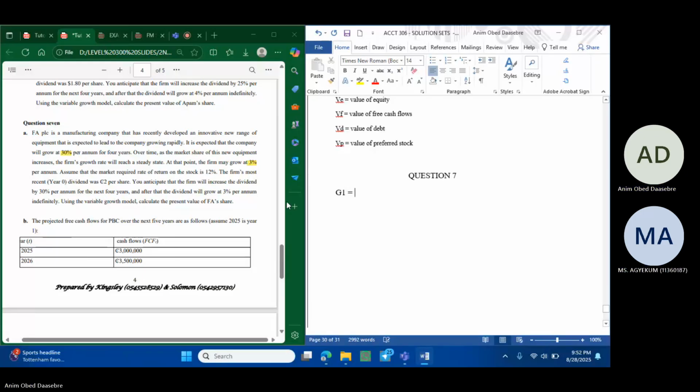And g2 is, at that point the firm may grow at 3%.